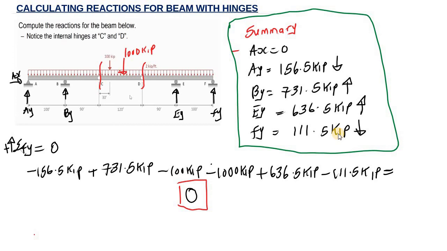If we have the final answer to be 0, it means the support reactions are in equilibrium with the load applied on the beam. But if we have a different value, it means this beam is not at equilibrium, because in order for this beam to be at equilibrium, the support reaction needs to counteract the applied load. So this is the reason we always want our value to be 0, because this means our structure is at equilibrium. So this is the final answer.